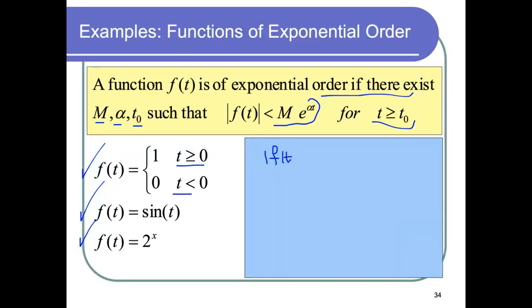It is less than a certain number M e to the alpha t. I know that f does not exceed 1, so I can simply set alpha to be 0. I can set t naught to be 0.